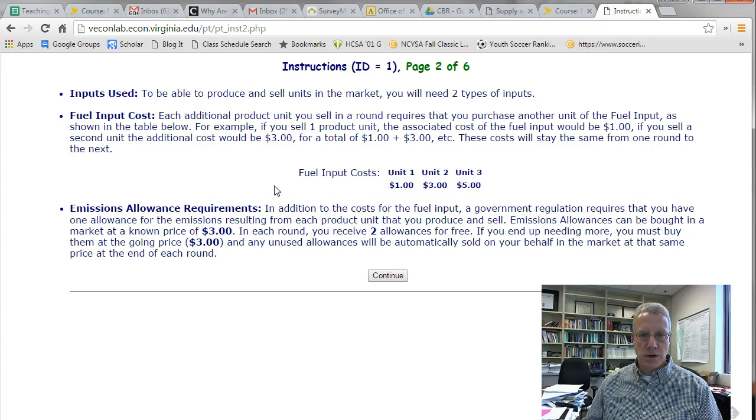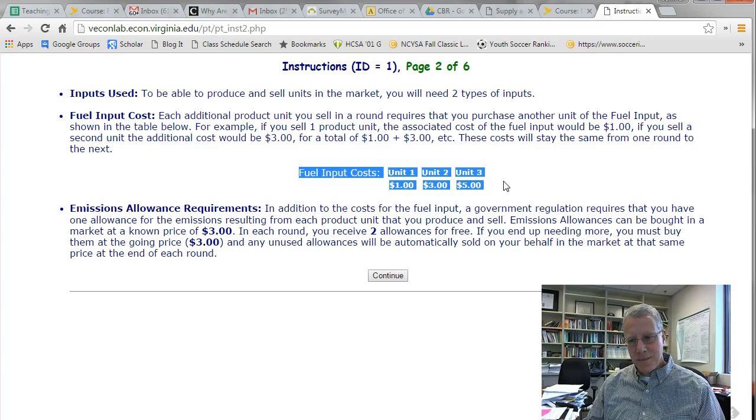If you sell a second unit, the additional cost will be $3, for a total cost of 1 plus $3 equals 4. If you sell the third unit, the cost will be $5. These costs will stay the same from one round to the next. Okay, so it's these fuel input costs, which are marginal cost, that make the supply curve upward sloping.